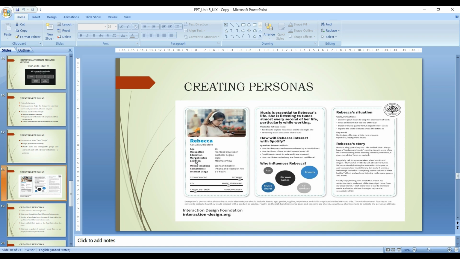Here I have given a sample. See here, this is a persona of nowadays. Actually, in our country, we are not preparing a resume in this pattern. So this is one method, one kind of persona that we can create. See here, she might be Rebecca, right?